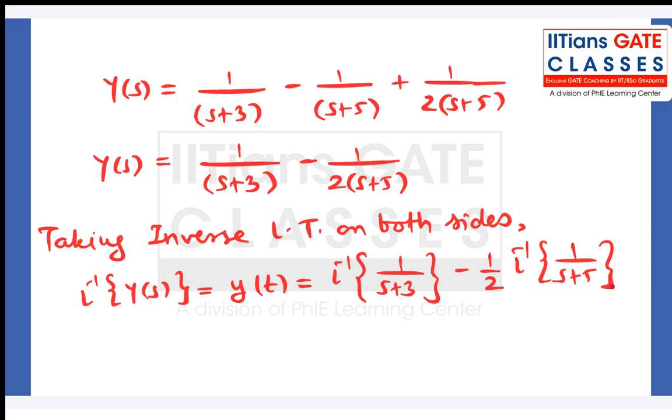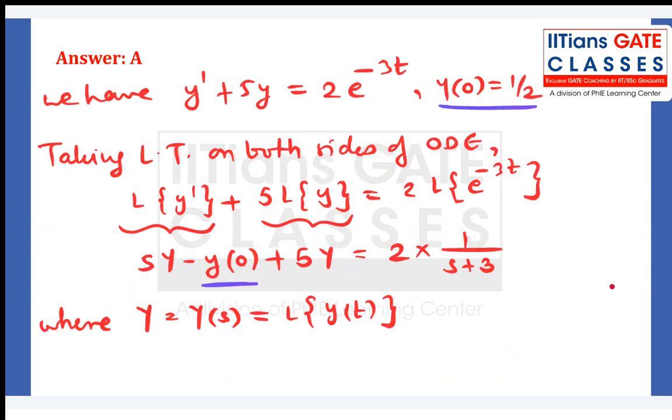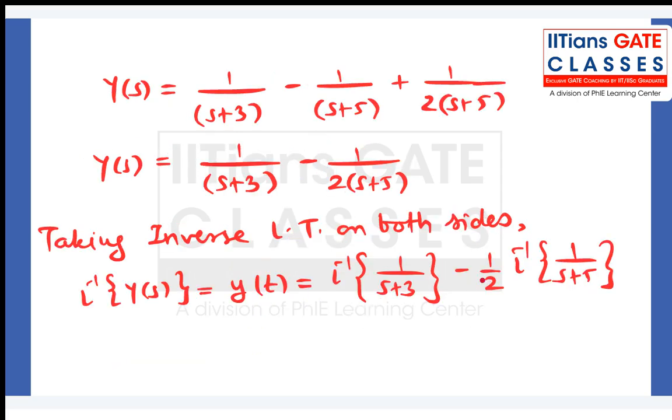We just started with s plus 3, so it is e to the power minus 3t directly. Therefore your y of t is equal to e to the power minus 3t minus half e to the power minus 5t.